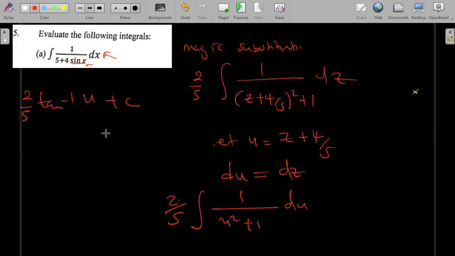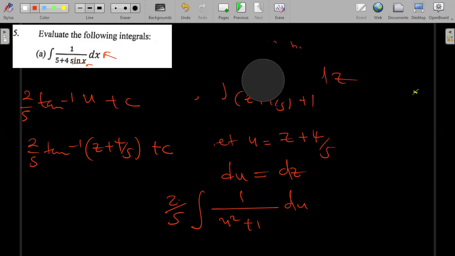Then I replace back my u. I have 2 over 5 tan inverse of z plus 4 over 5, plus c there.